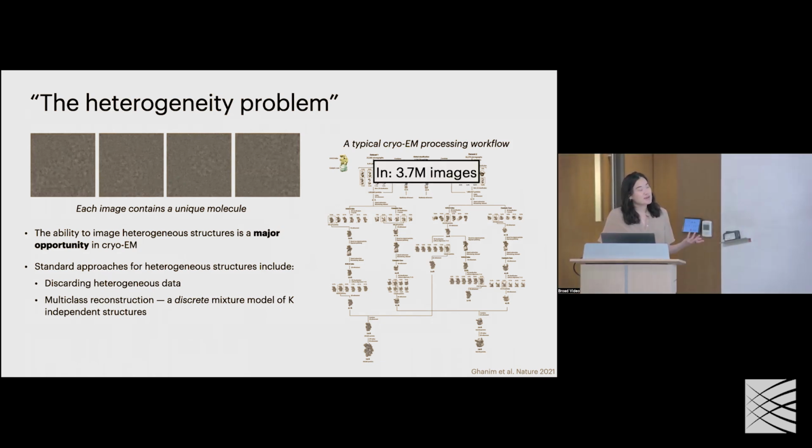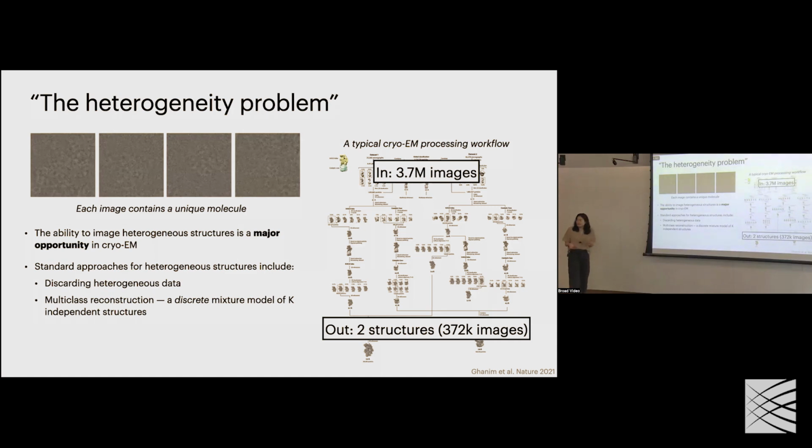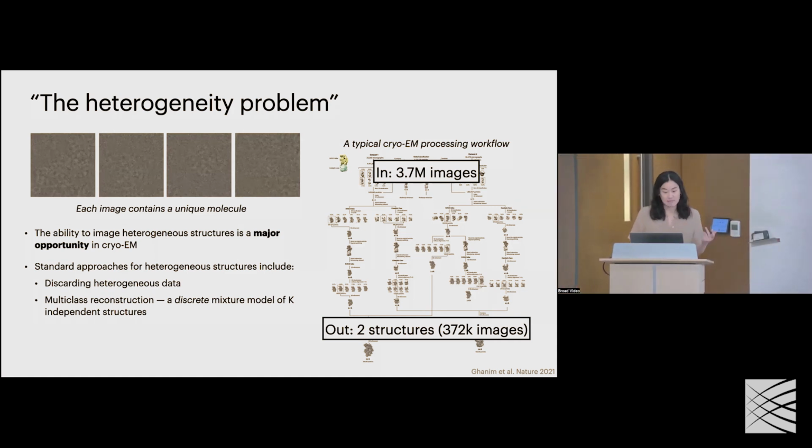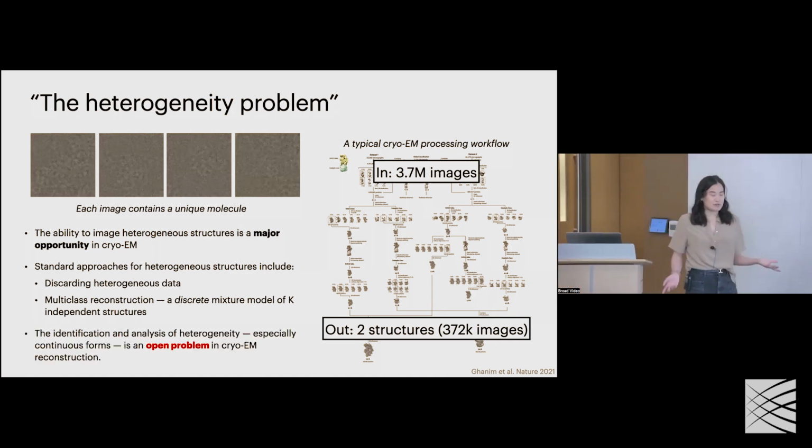And the main takeaway here is that at the top of this processing pipeline, there are millions and millions of images. But by the end, you have two, albeit high resolution structures, but you've also thrown away a significant portion of your data. So in this case, maybe 90% of the images. The question is, what's in that 90%?